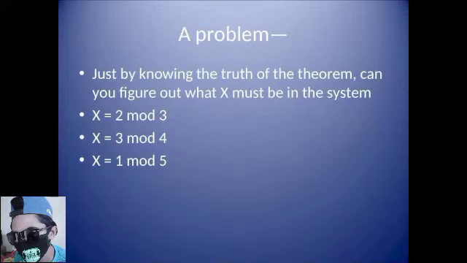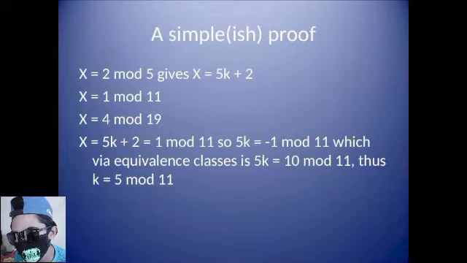Just by knowing the truth of the theorem, can you figure out that x must be in a system? So x equals 2 mod 3, x equals 3 mod 4, and x equals 1 mod 5. And the simplest proof of that is x equals 2 mod 5 gives x equals 5k plus 2, and x equals 1 mod 11, and x equals 4 mod 19.